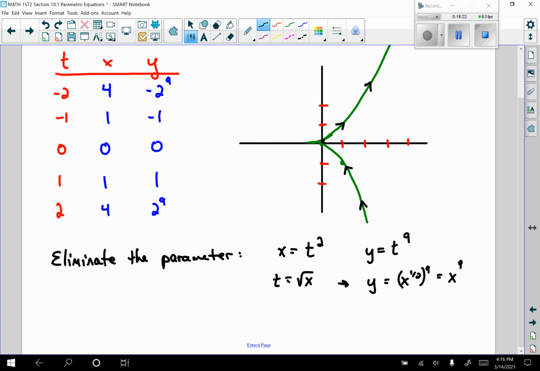So x to the 9/2. Or we could show that t, if we start with this one, is equal to y to the 1/9. So then x is going to equal y to the 1/9 squared, which becomes y to the 2/9. So there's a couple ways to do that.